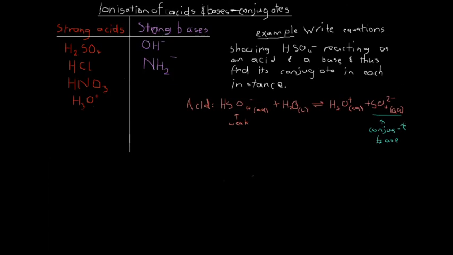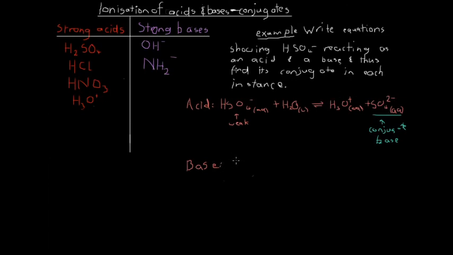Okay, now again, we can show it acting as a base. Just the same way that hydrogen sulfate wasn't a strong acid, it's not on the list of strong bases either, so we're going to have to use this double arrow here.